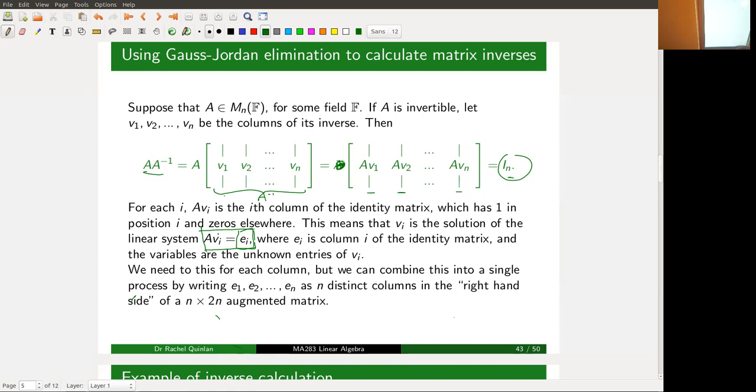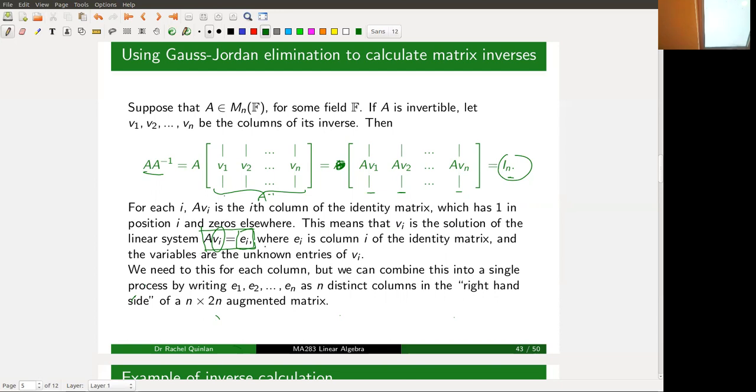And here, the variables in the system are the unknown entries of vi. Okay, the coefficients are A, we know them. The right-hand side of the system is just ei, which has 0s in all positions except the ith position, which is a 1.